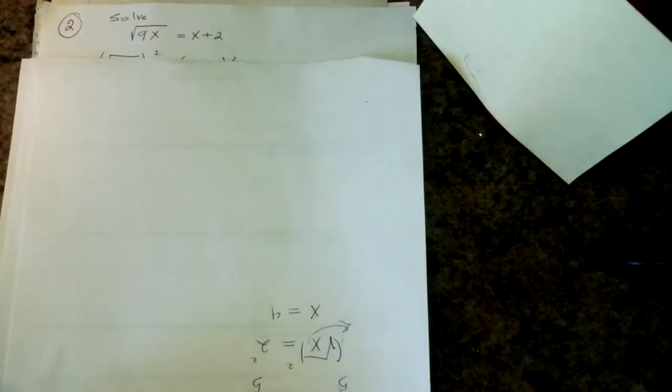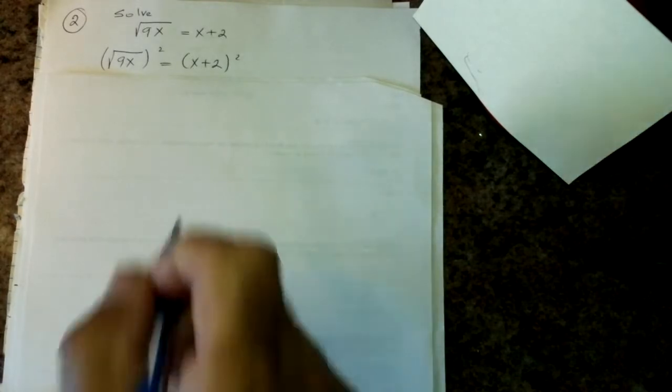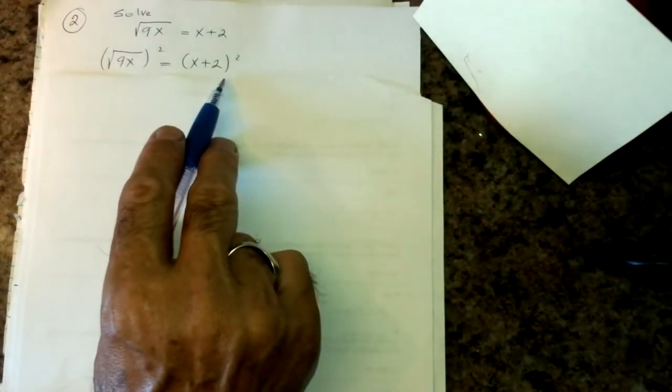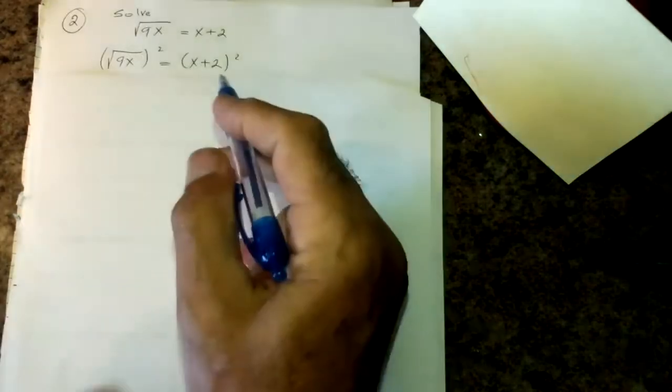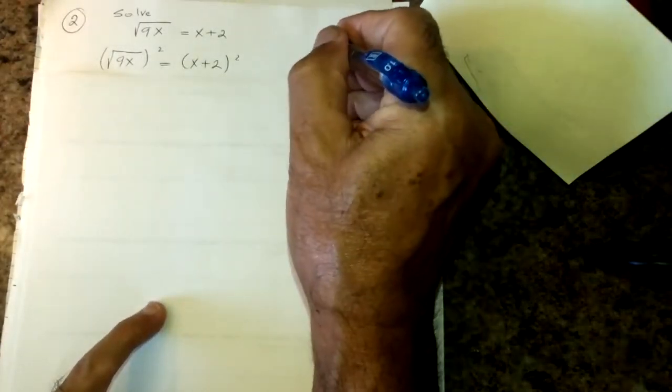Same thing here. Both sides, you raise both sides to power of 2. Now, what is x plus 2 to power of 2? Remember, this one means this.